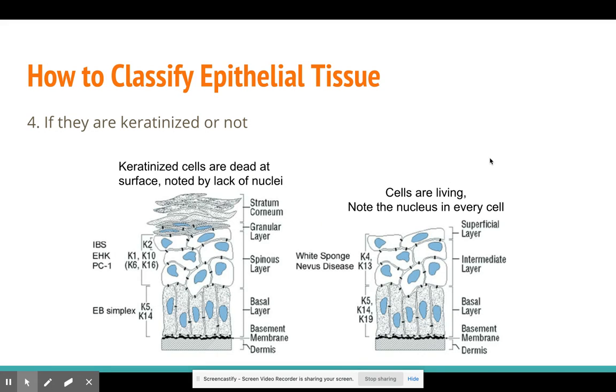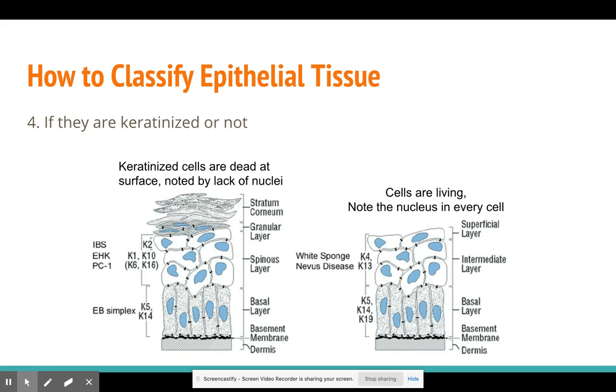And the fourth way to classify epithelial tissue is if they are keratinized or not. So what does keratinized mean? Keratinized cells are dead at the surface. How can you tell? They don't have nuclei. If you think about your skin, the outer layer of your skin is all keratinized cells, because they're dead.